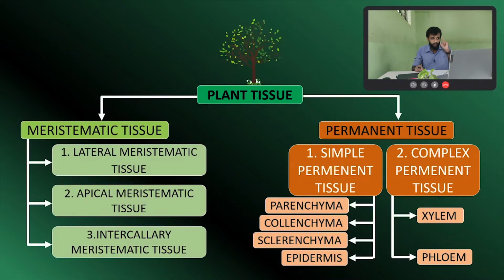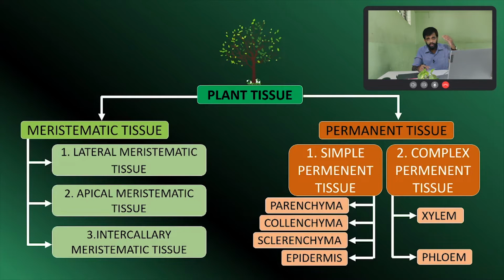Again, plant tissues are classified into two types: meristematic tissue and permanent tissue. Under the category of meristematic tissue, there are three kinds: lateral meristematic tissue, apical meristematic tissue, and intercalary meristematic tissue. Under the permanent tissue, we have simple permanent and complex permanent.